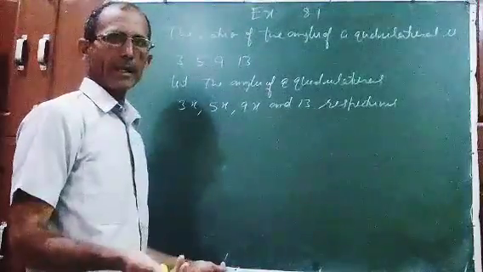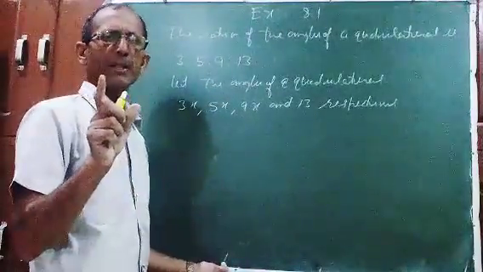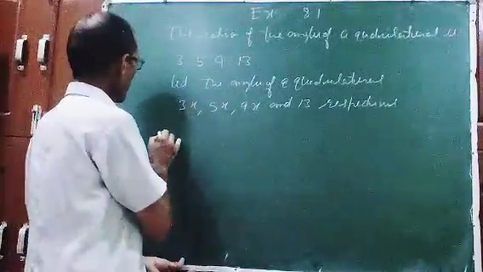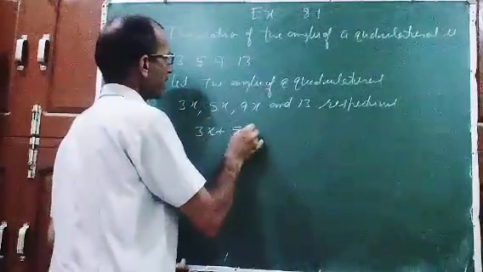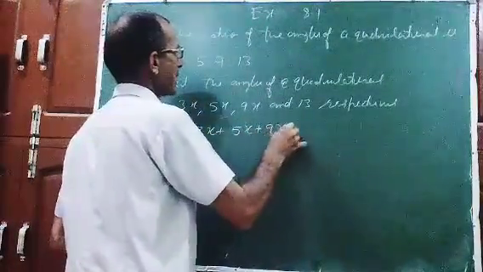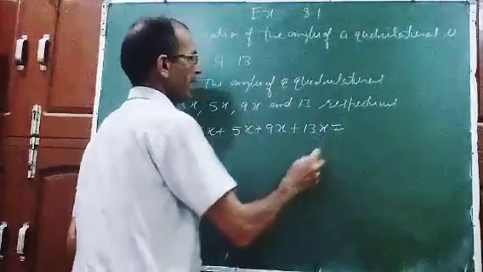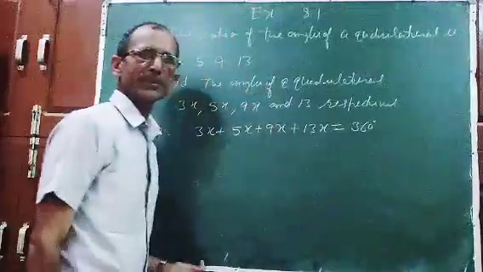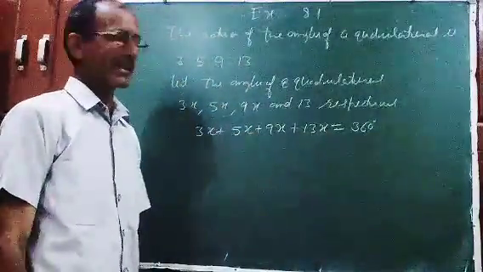Suppose the quadrilateral is ABCD, otherwise no need, because you already know a quadrilateral has 4 angles. Therefore, 3x plus 5x plus 9x plus 13x is equal to 360 degrees. If I add all the angles, their total will be 360.